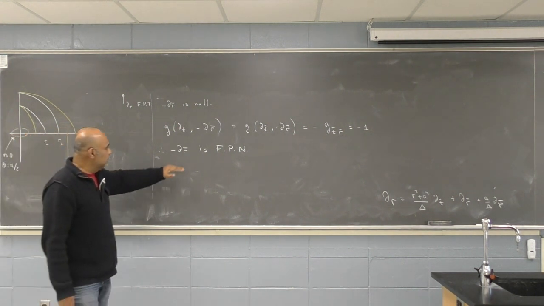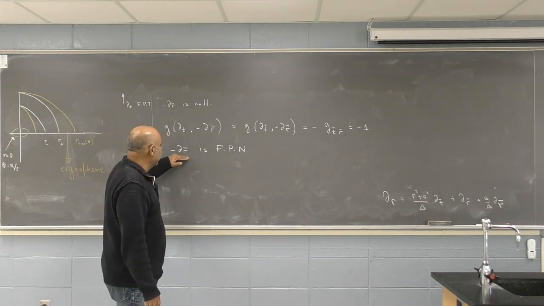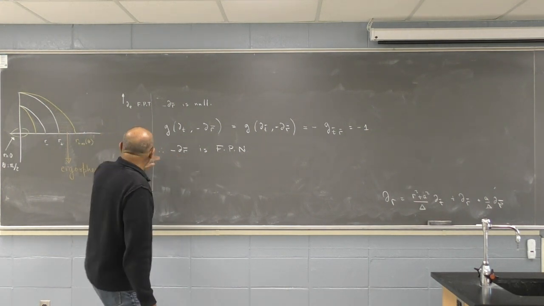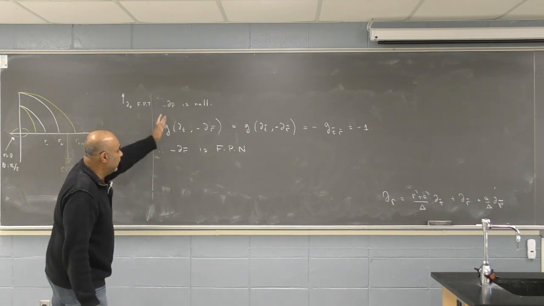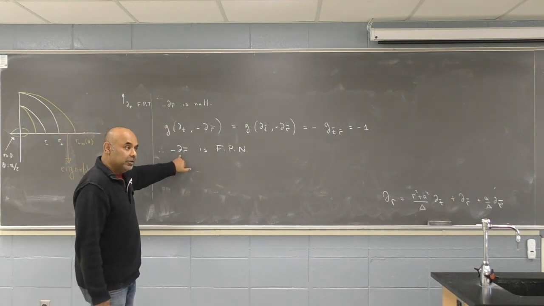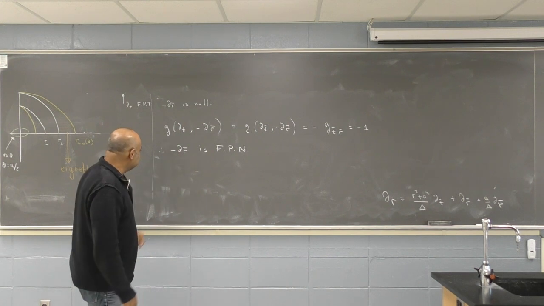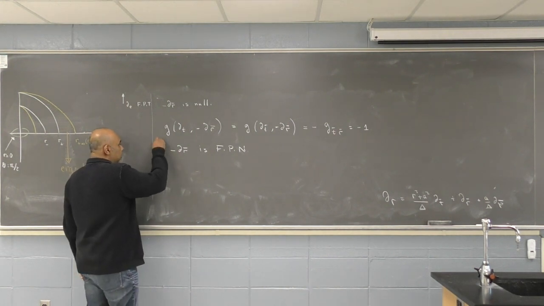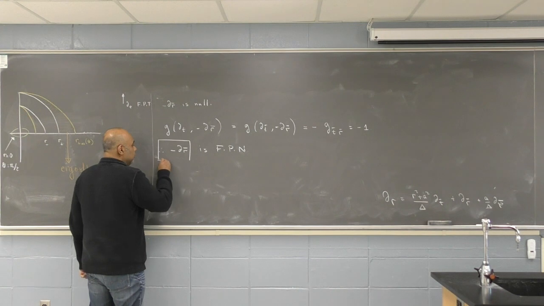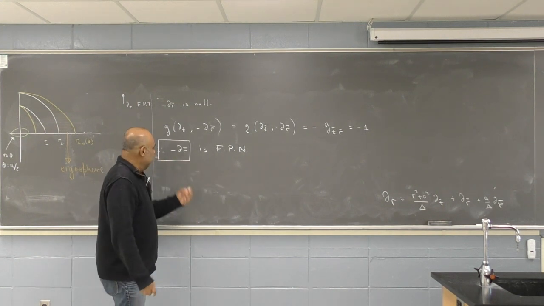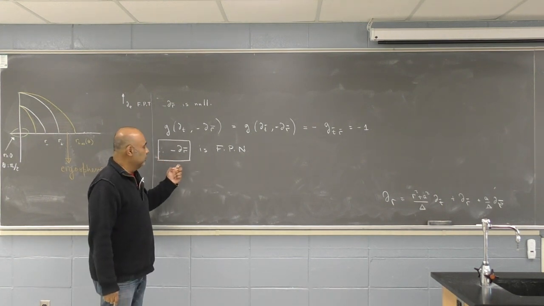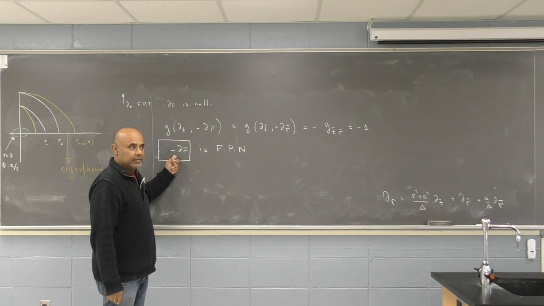Furthermore, this is a future pointing vector everywhere outside, everywhere far away. But this vector is defined everywhere. Therefore, this is going to distinguish our future light cone. Any causal vector that is in the same light cone as this one is future pointing. Correct?